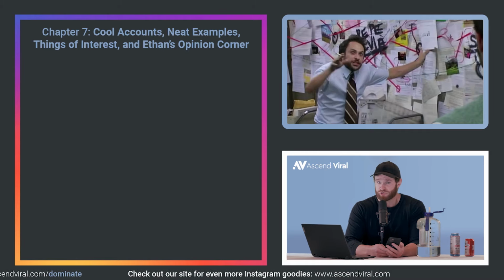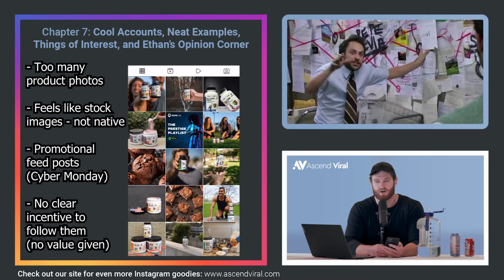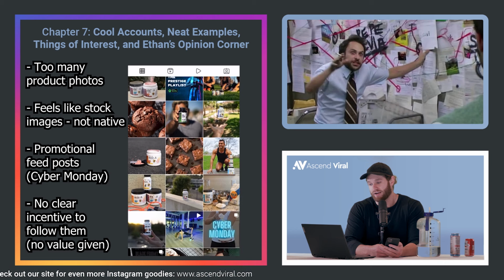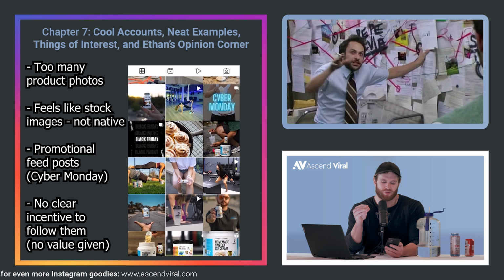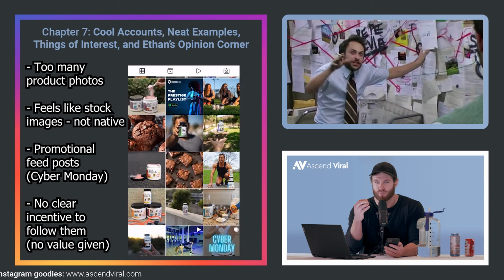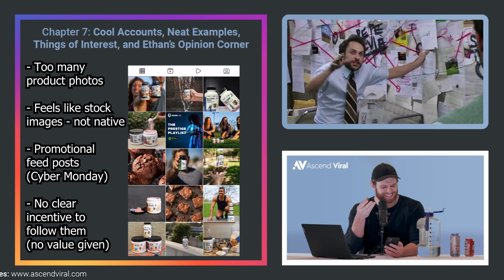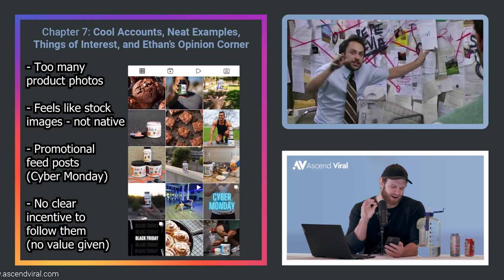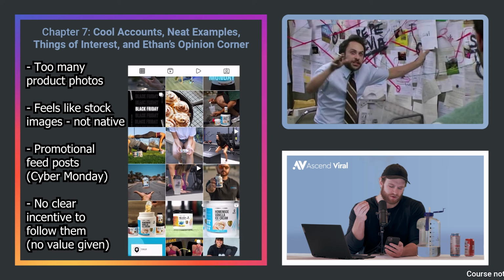So I'm going to blur this username out. But earlier we talked about native content and what non-native content looks like and what kind of content you should be using as a brand. And here's an example of an account that I think doesn't do it very well. They're very heavy on their promotional images, and I think their content's not horribly unnative, but it's definitely not super native.